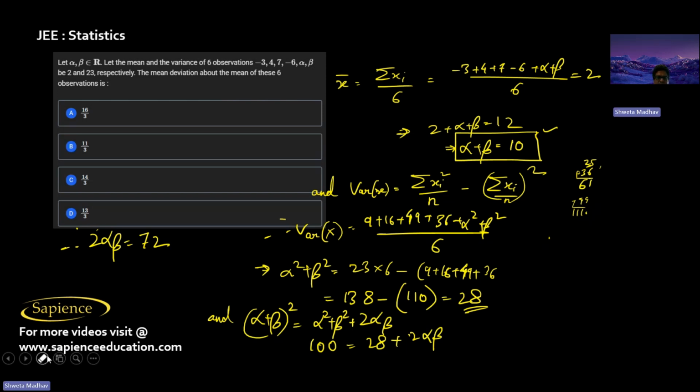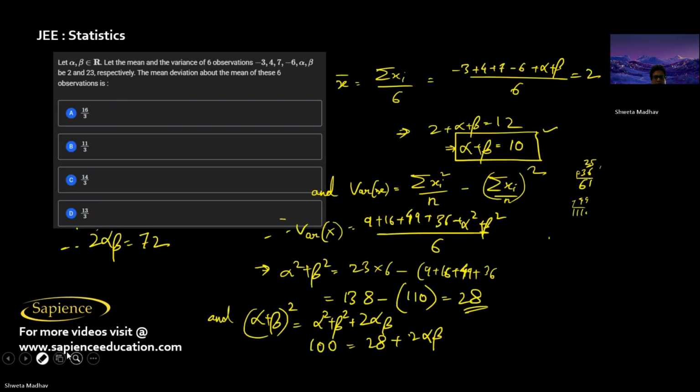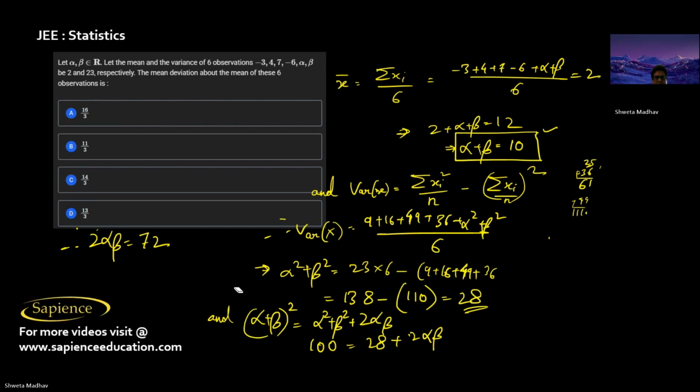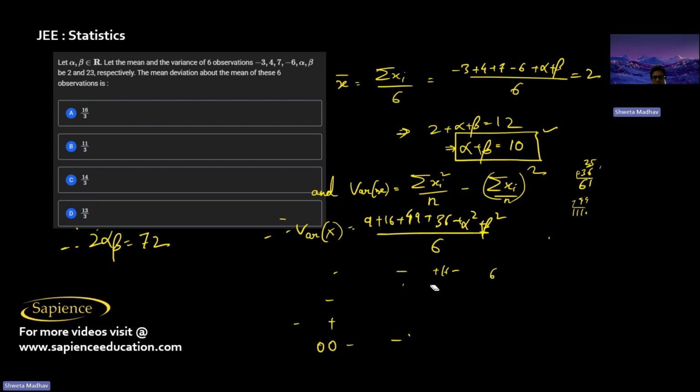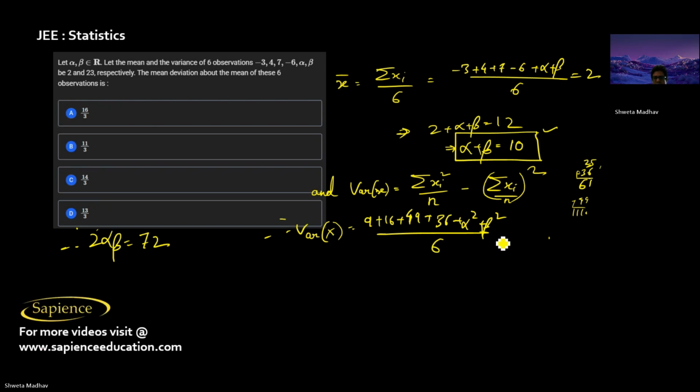Variance will be mean of the squares minus mean squared. So minus mean squared is minus 2 square.